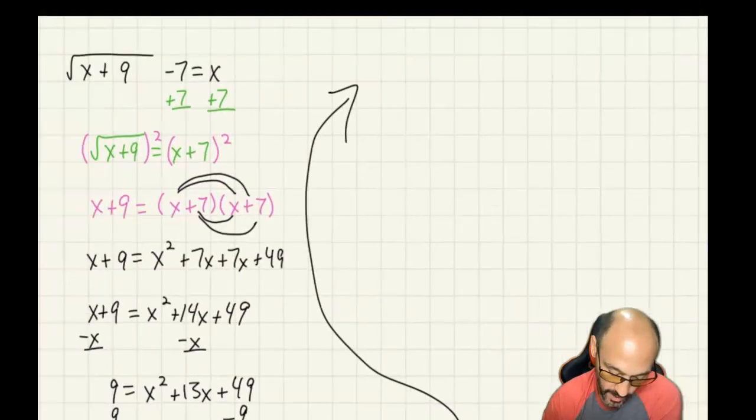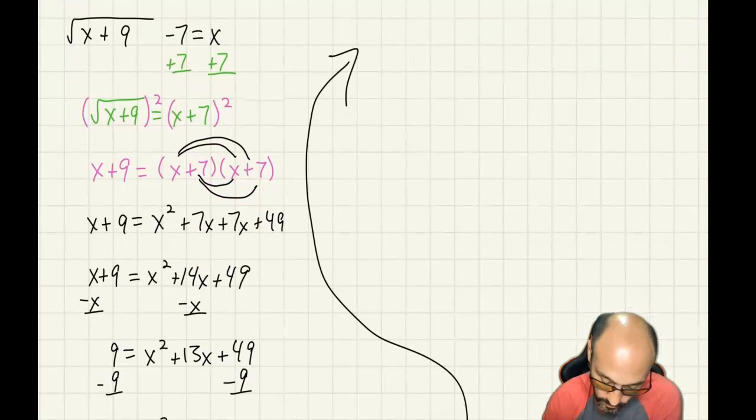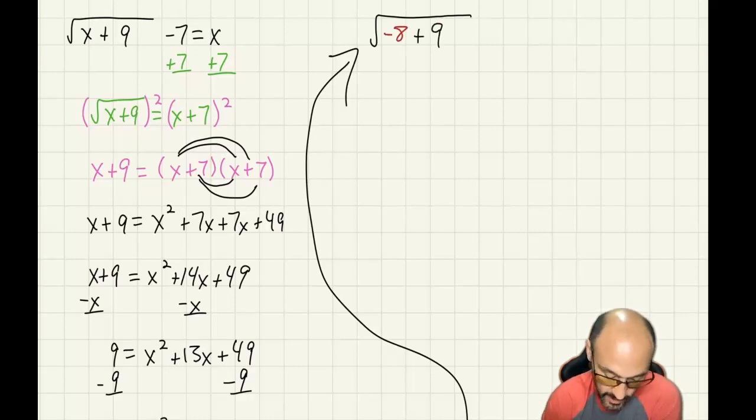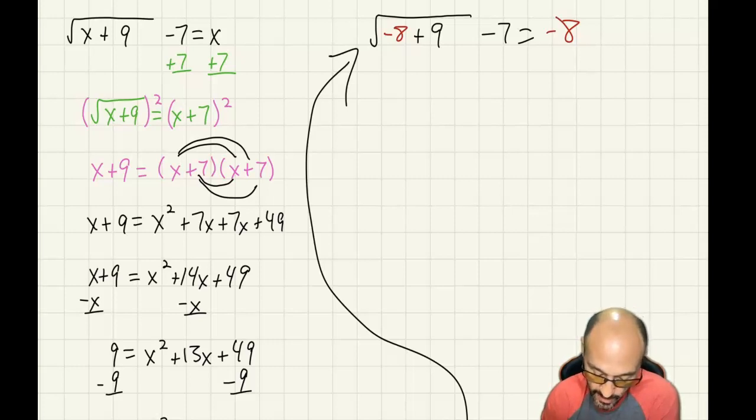So first we'll start with x equals negative 8. So we have the square root of negative 8 plus 9 minus 7 equals negative 8. Negative 8 plus 9 is 1.